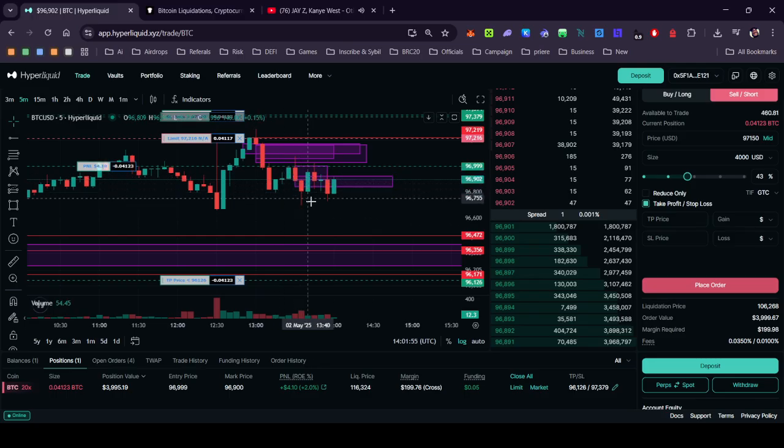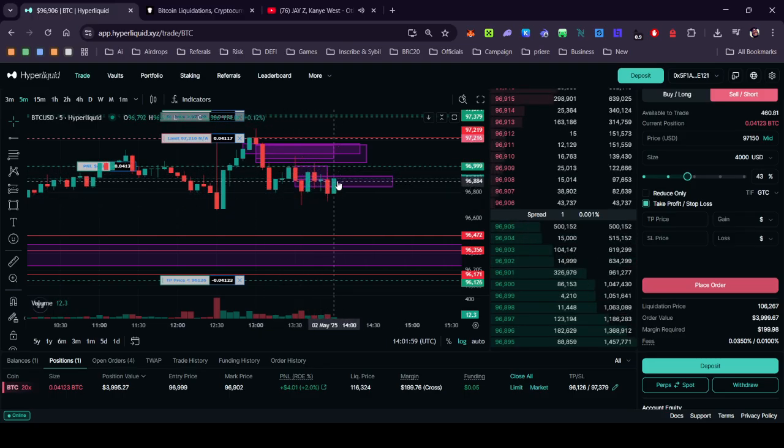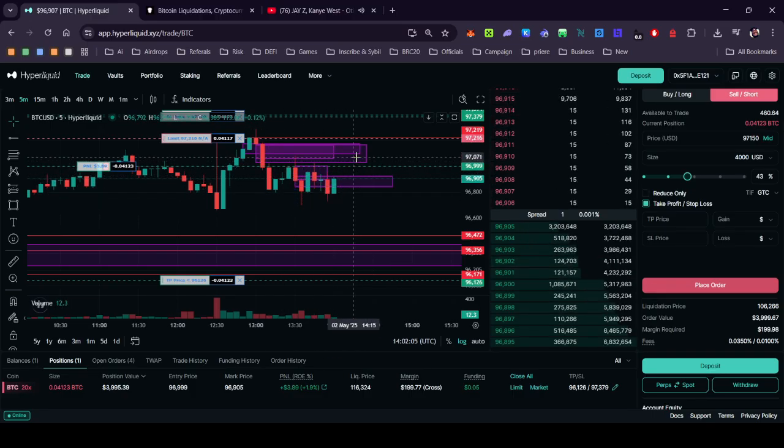I've been seeing a build up in liquidity in the 5-minute chart and the lower time frame, which might end up pushing price higher during a manipulation.